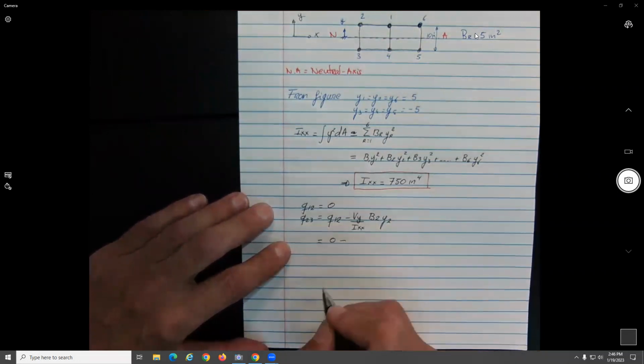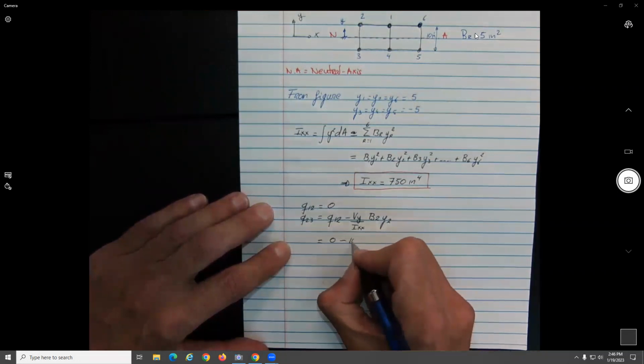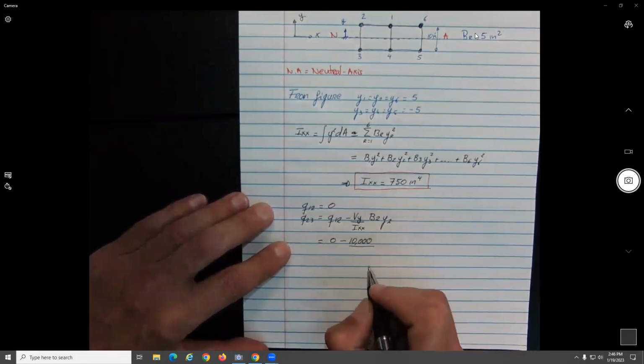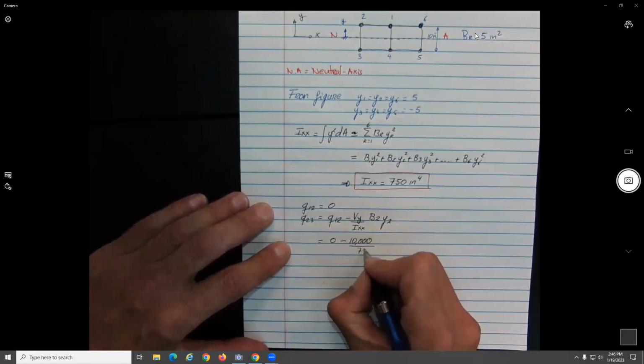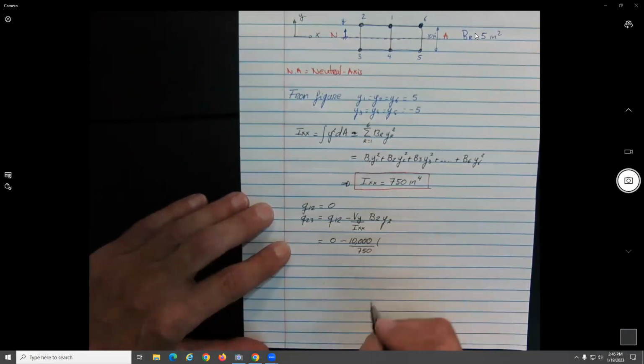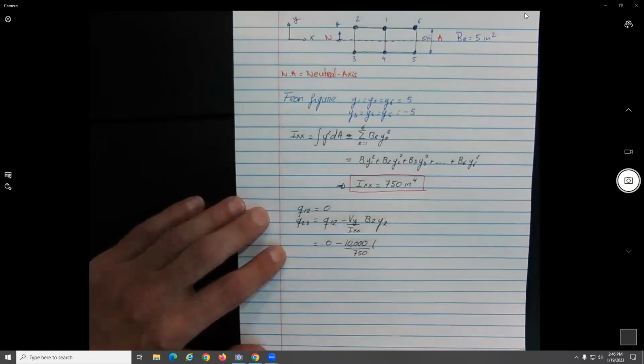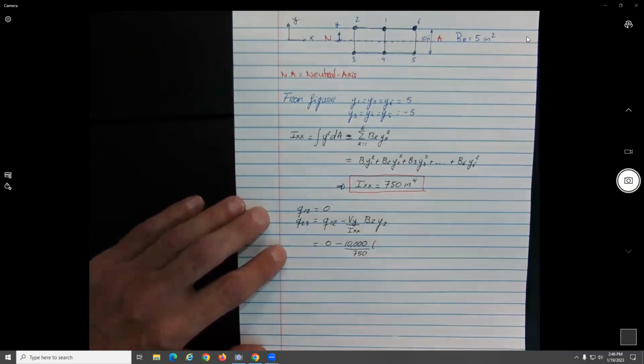0. Vy is equal to 10,000 by 750. This B sub 2, all the B's are equal to the same, no? So 5.